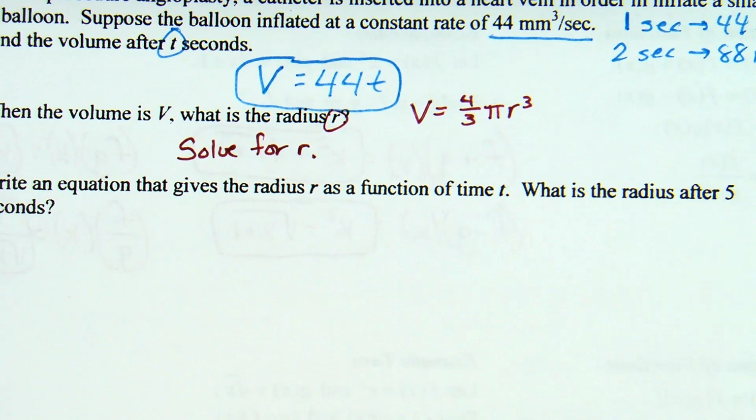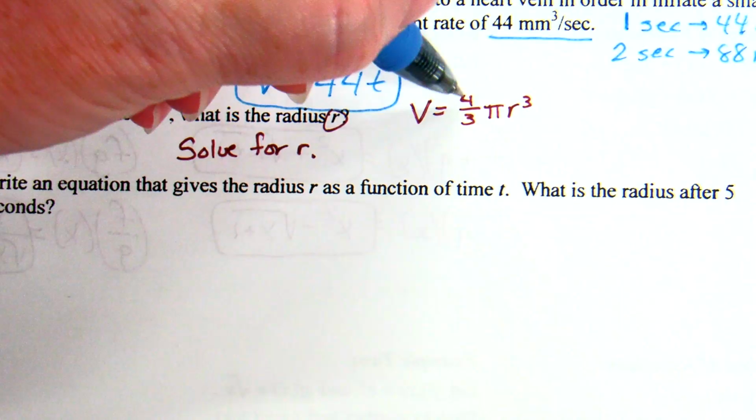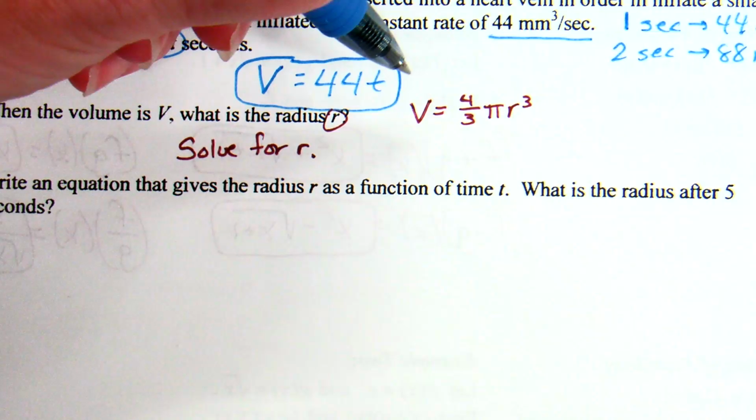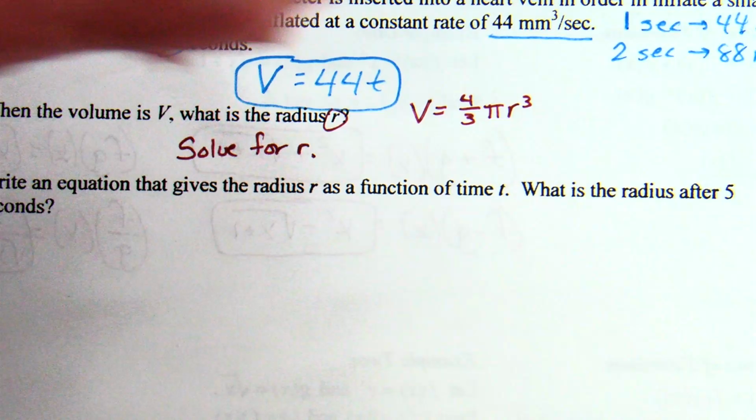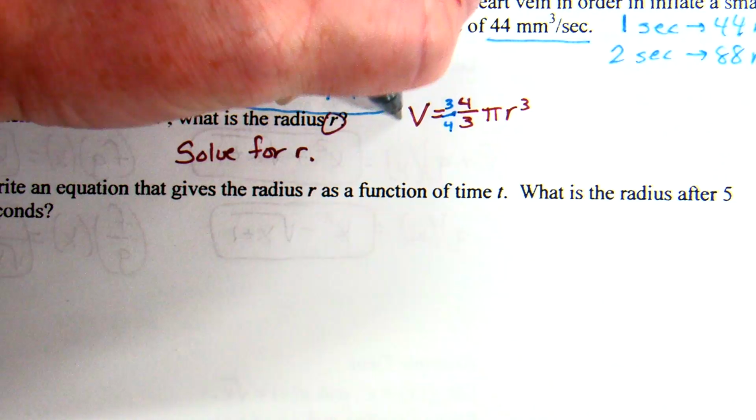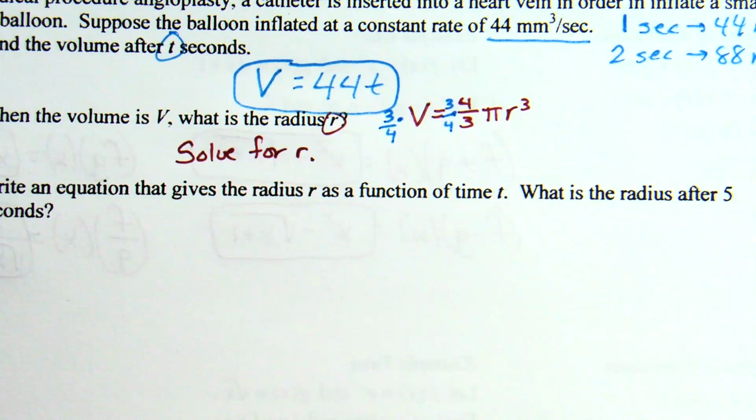Multiply by the reciprocal. So to move the 4/3 that's being multiplied over to the other side. I mean, yeah, technically you guys could tell me to divide by 4/3, but yuck. Let's multiply by 3/4. If I multiply the left by 3/4, multiply the right by 3/4.